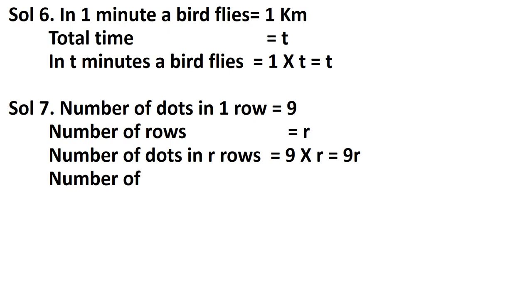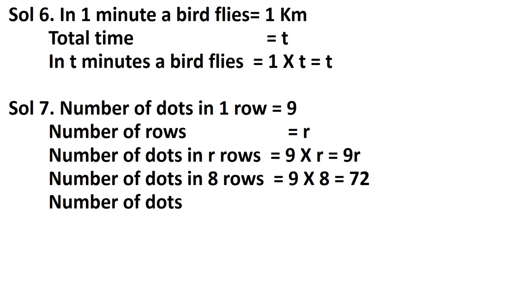But if the number of rows given to us is 8, then how many dots are there? In one row it is 9. So in 8 rows, 9 multiplied by 8, that is 72. And how many dots are there in 10 rows? 9 multiplied by 10, 90.